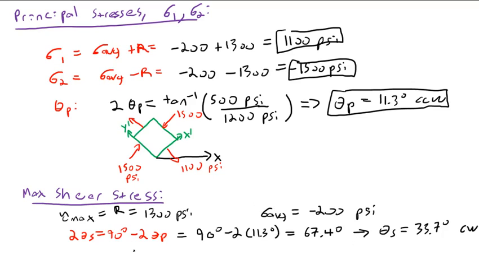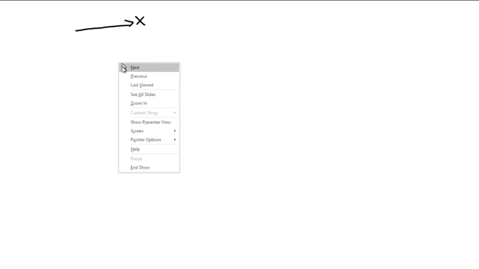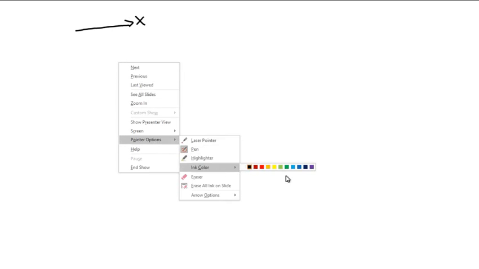And you got that? Okay, let me just draw the stress block at the point of maximum shear stress. Here we would have x, and let me show a shifted axis, y prime and x prime.